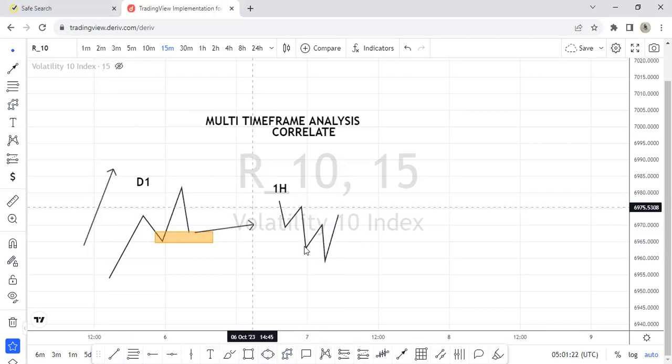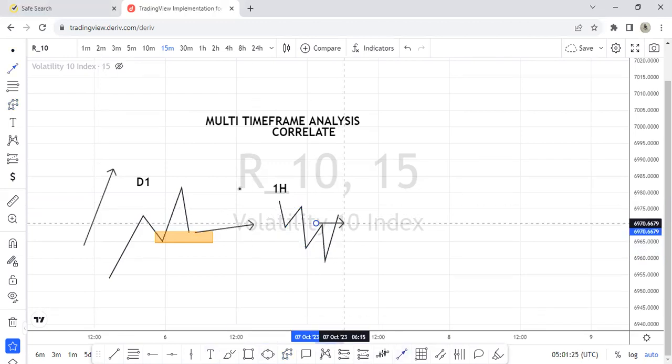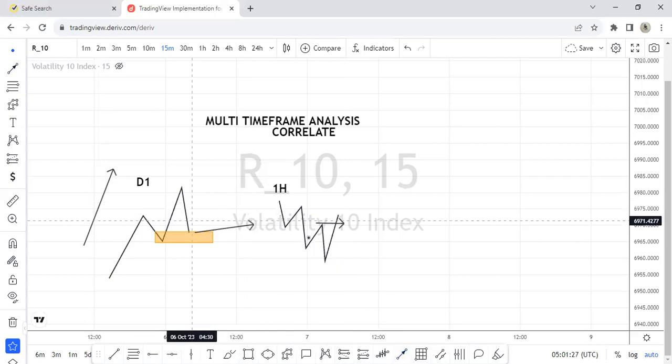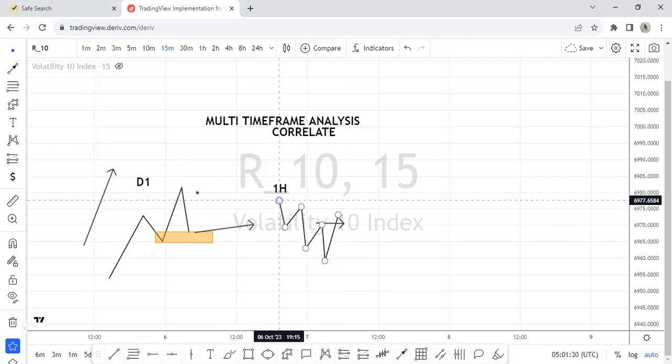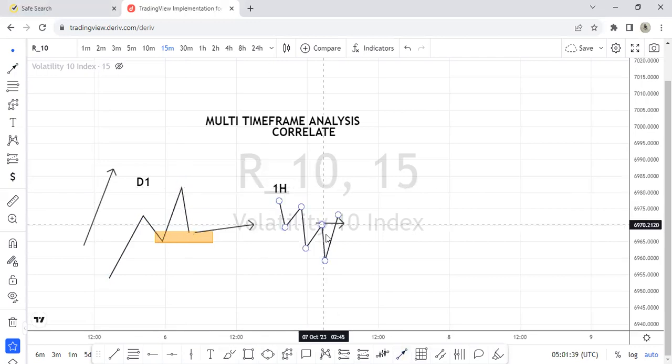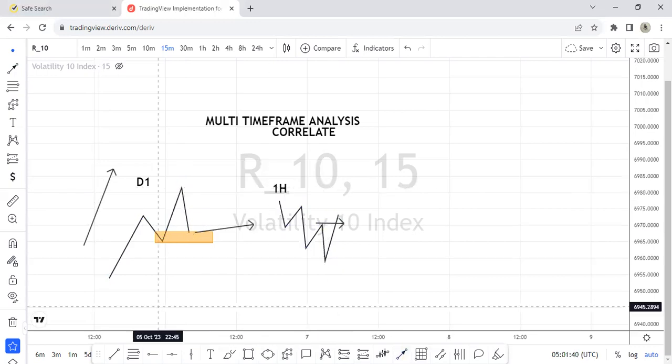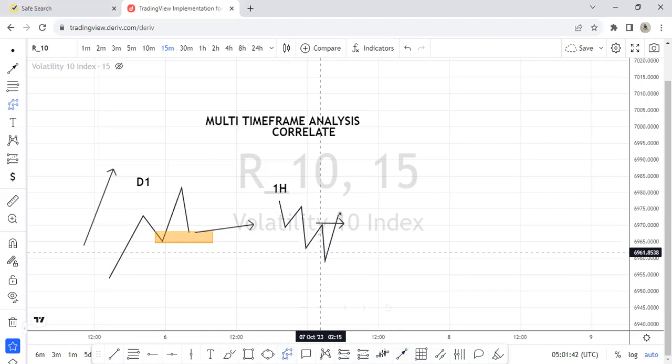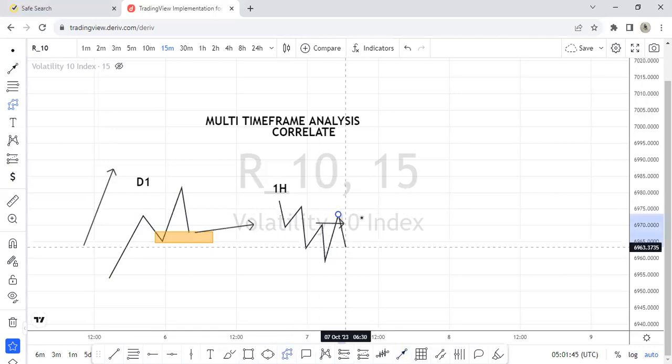So we're looking for a break of structure on the lower time frame so that the 1 hour can look like the daily. The daily is bullish. So the market is only retracing to come to form its higher low. As the market has come to form its higher low, on the 1 hour, you want to see the market break and become bullish. Once the market becomes bullish on the 1 hour, then you now have your trade. You're going to take the market higher.